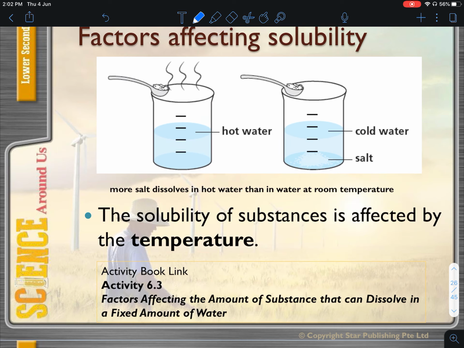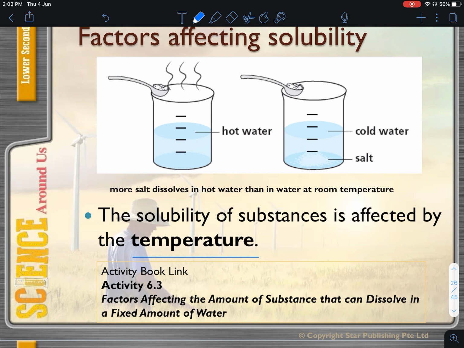Next is temperature. Temperature plays an important role in affecting solubility. Let's say you pour Milo powder into hot water as compared to Milo powder in cold water. You realize that you are able to dissolve the Milo powder much more easily in hot water, assuming you do not stir it at all.